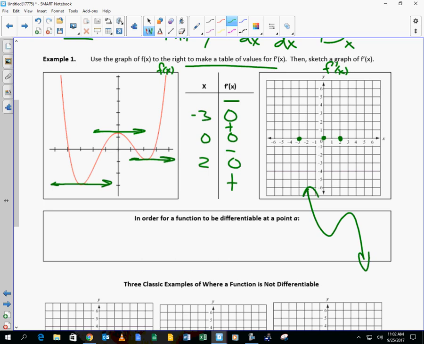Okay, but at this point, you may say the graph is headed down, but is the graph positive or negative at this spot? It's positive because it sits above the x-axis. So when we're saying that the derivative is negative, that means that the derivative graph will sit below the x-axis.